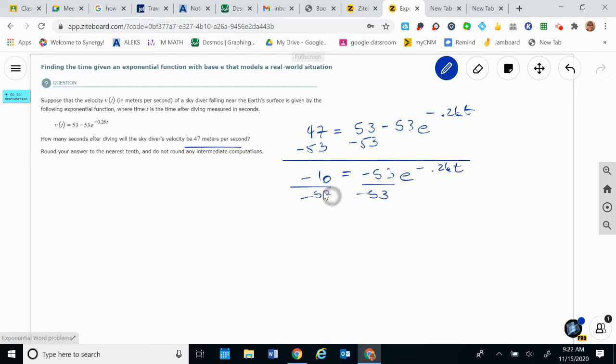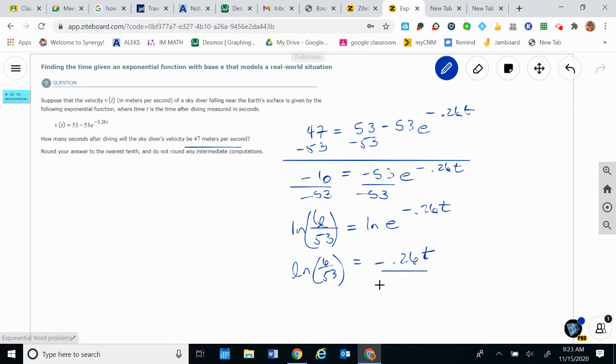Divide by negative 53, and then you'll get 6 over 53 is equal to e to the negative 0.26t. Then you take the ln of both sides, and the exponent will come down. Divide by negative 0.26, and then you've got your answer. I'm not even going to do it because it's not that hard.